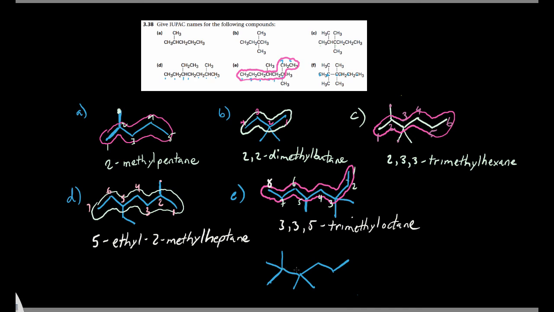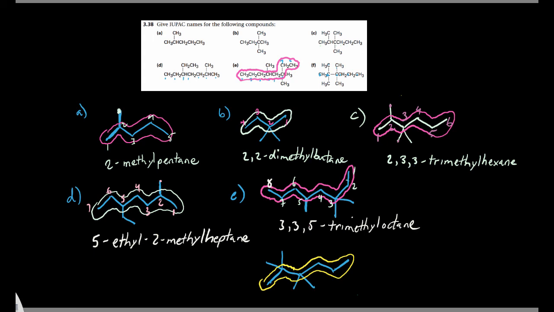And then 2 methyls here and 2 methyls there. So if I circle the longest carbon chain, it would be right here. And that will be a hexane.